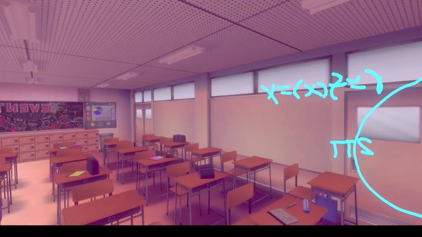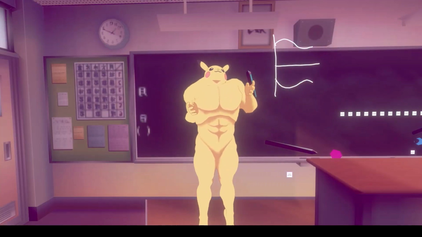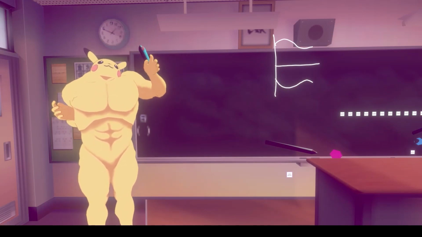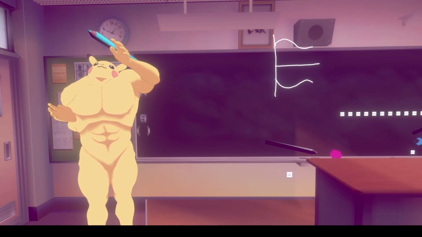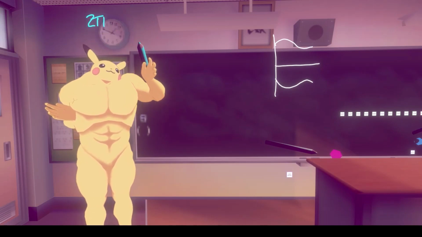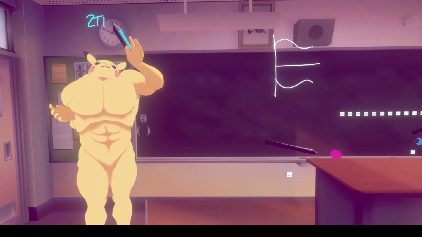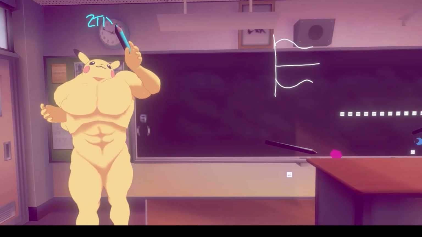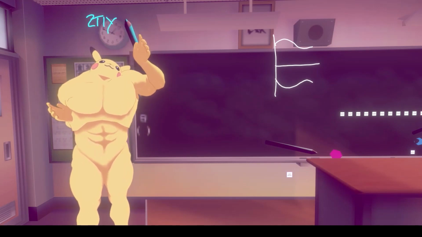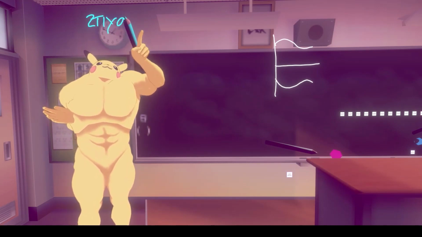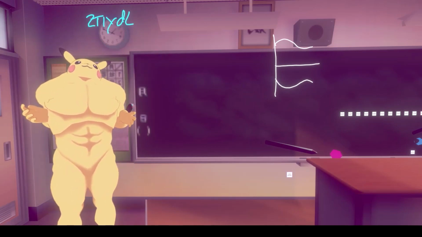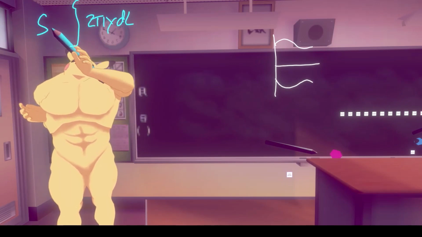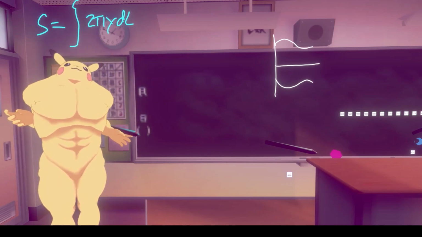But since we're in 3D now, we understood that what we need to calculate the area of one of those truncated cones is 2 pi times the radius. Radius is equal to y, or f of x, and we are going to stick with y, and we'll see why later. No pun intended. And that's times the L. And that's for one of them, so we are going to integrate it, and that is going to be equal to the total surface area.